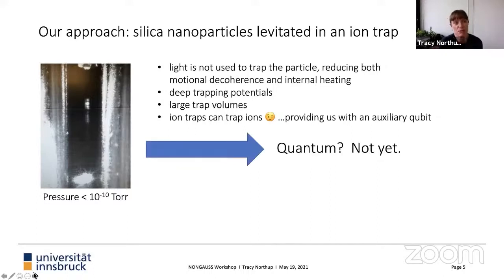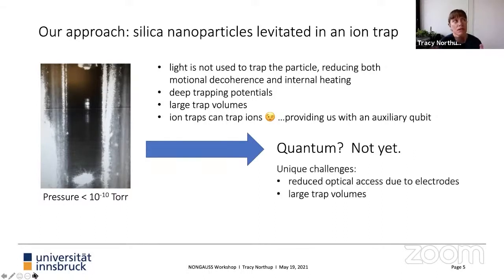But first, I want to be clear here that the experiments I'm going to tell you about today are not yet in the quantum regime. So in comparison to these two really breakthrough experiments that have now reached the quantum regime with optically trapped nanoparticles, ion traps offer some unique challenges in that you have a physical trap, and so that does reduce optical access, which if you're trying to cool a particle optically, makes things a bit more complicated.